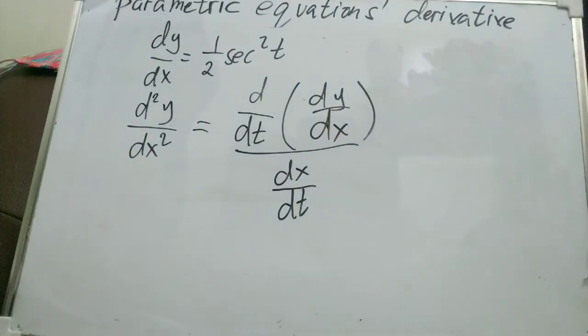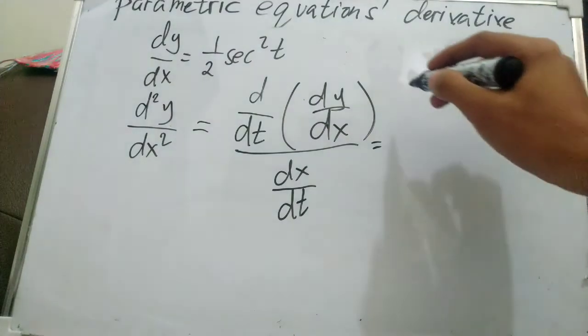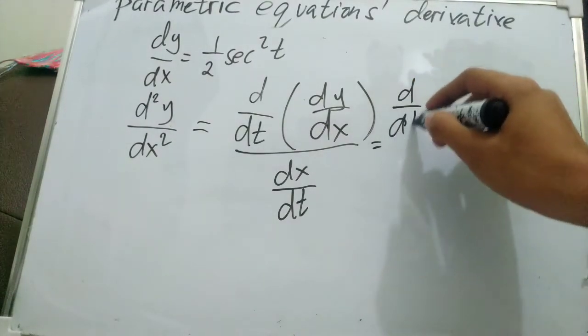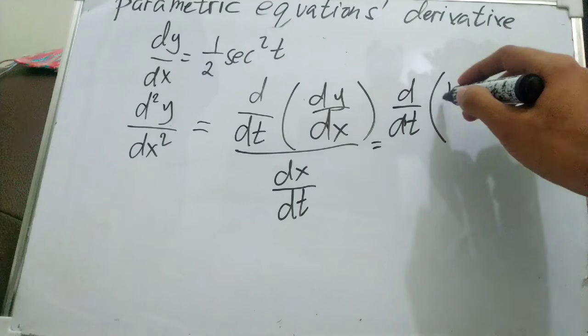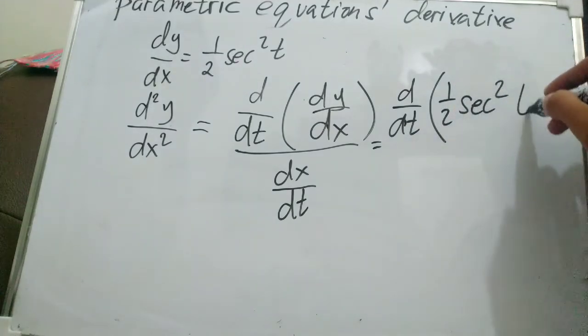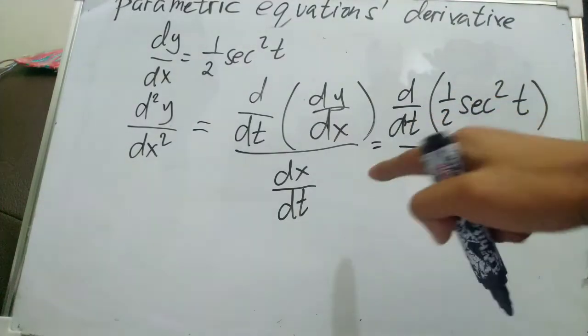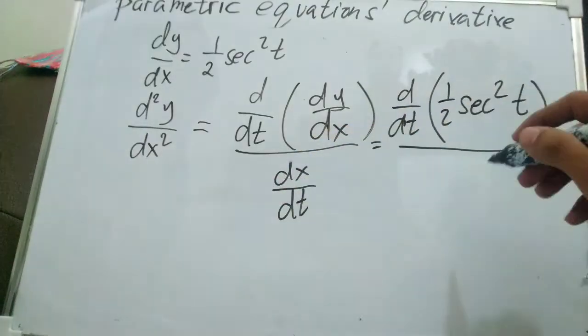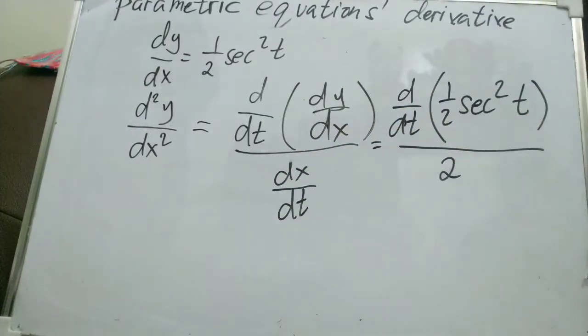Alright, so we proceed. So that is just simply d/dt of 1/2 secant squared t over, we already know that this is 2.